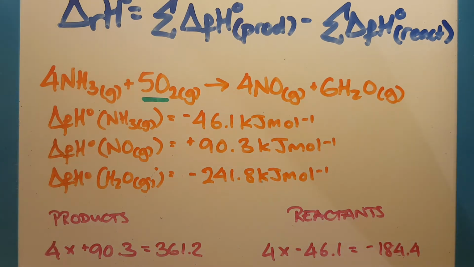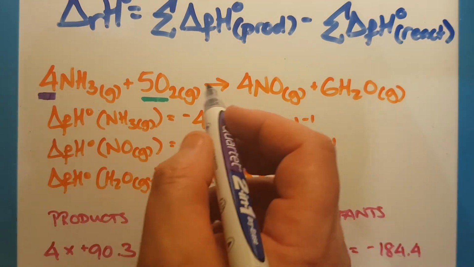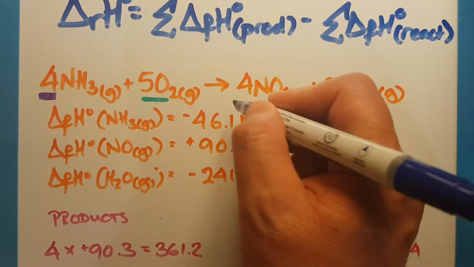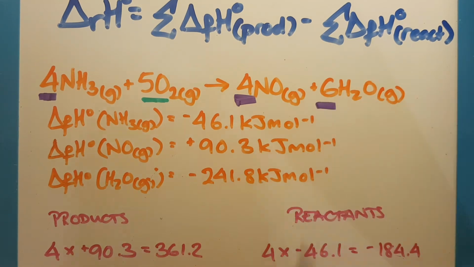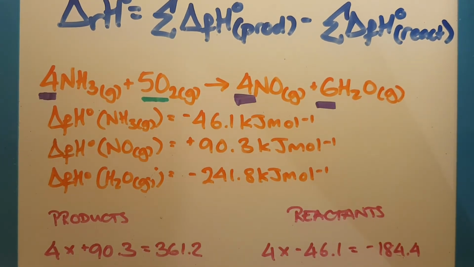We need to take note of the number of moles of each of these in the equation, because they're going to be important when we do our calculation of the enthalpy of reaction. And in this case, as I say, it would be a kind of an enthalpy of combustion once we worked it back to being a single mole.